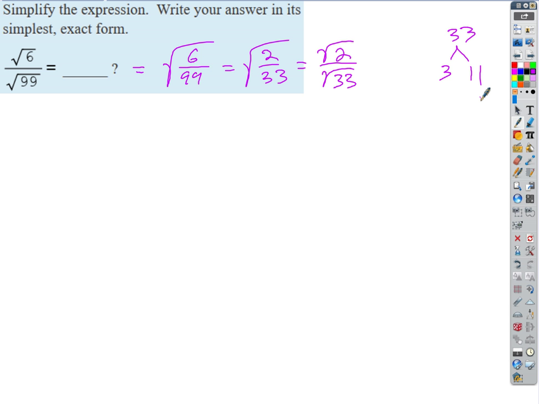What did you see about 33 that probably told you that we're not going to be able to simplify that radical? It doesn't break down, like the 3 doesn't break down, and neither does 11, right? You probably looked at 33 right away and said, that's not going to work. You may not even know for yourself what you were thinking, but I bet you were starting to get a hint of that. This is what you were thinking about.